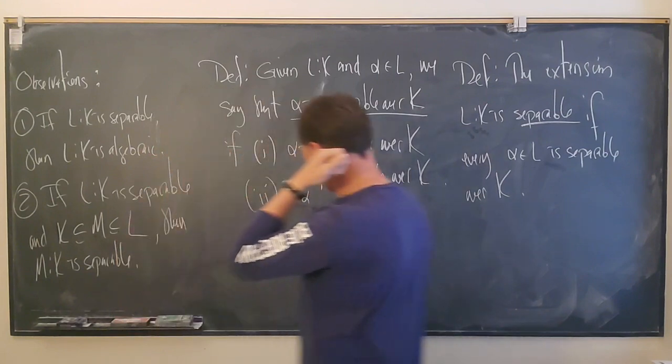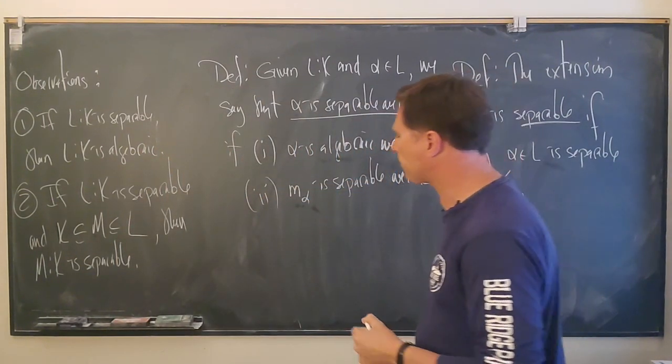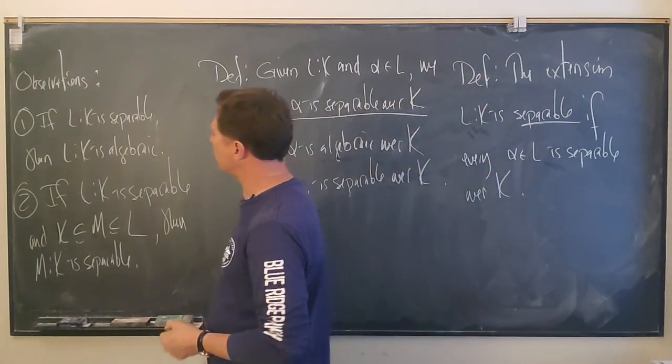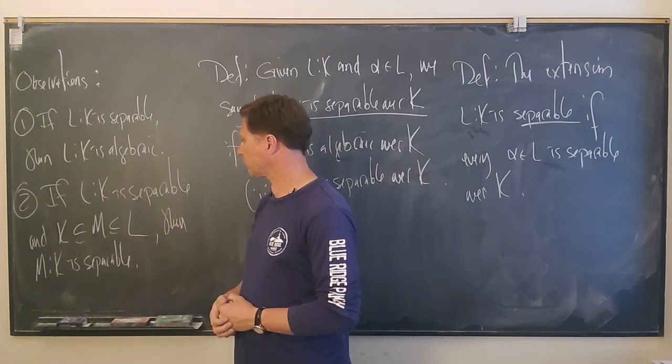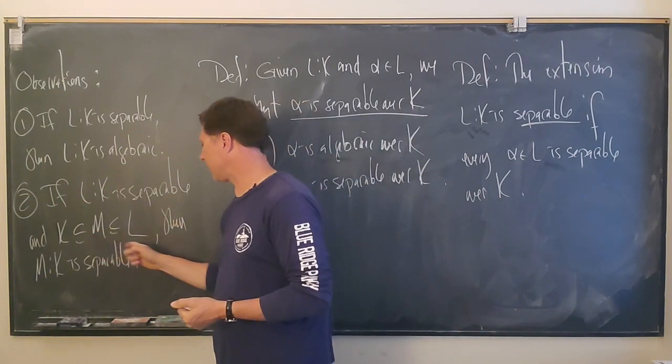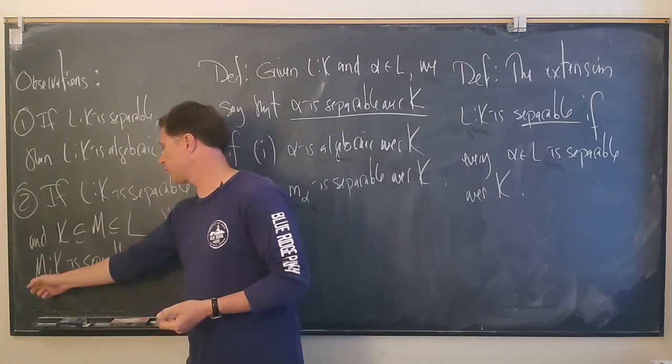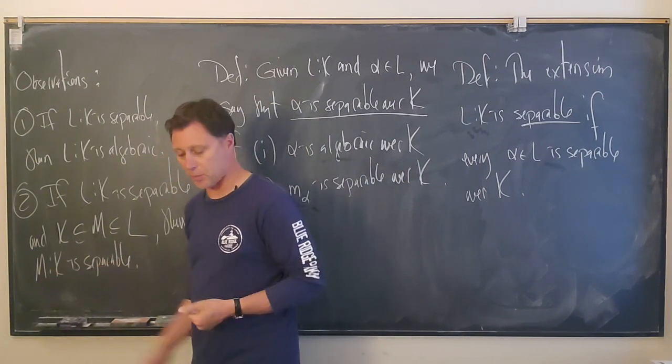So let's see, why would that be true? Well, what we know is that every element of L is separable over K, which, because M is sitting inside L, would just force every element of M to be separable over K.